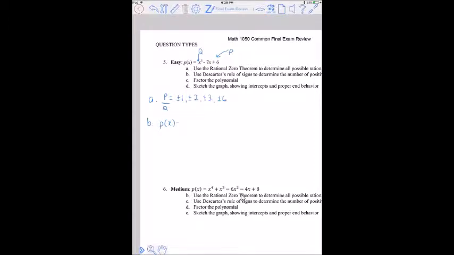So for P of x, I'm not going to include any terms, just the sign of the term. The first term is positive, the second term is negative, and the third term is positive. So from positive to negative, here we have a sign change, and then it goes from negative to positive there, so there's two sign changes.